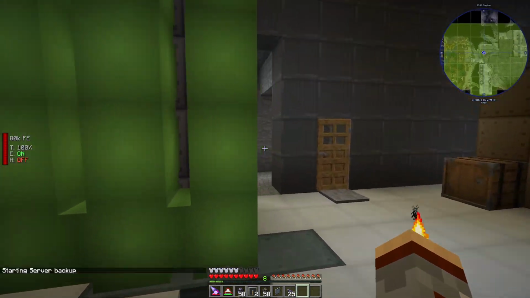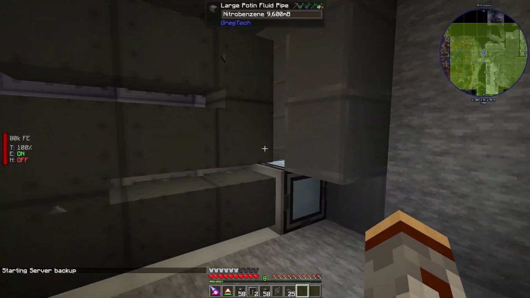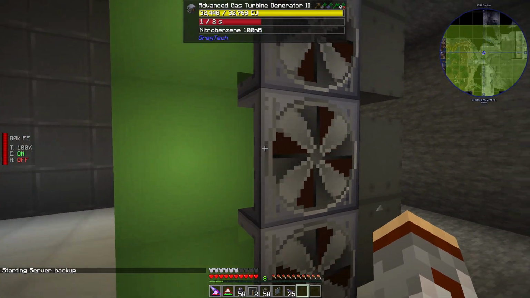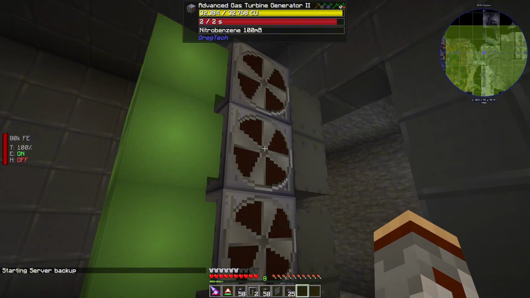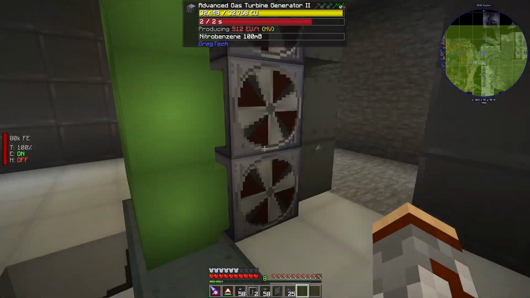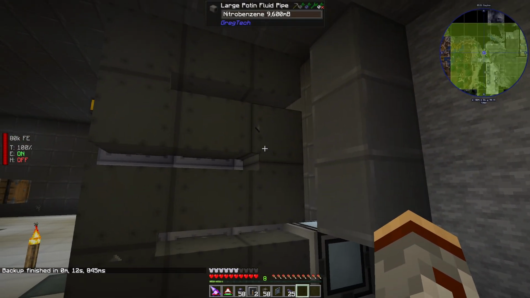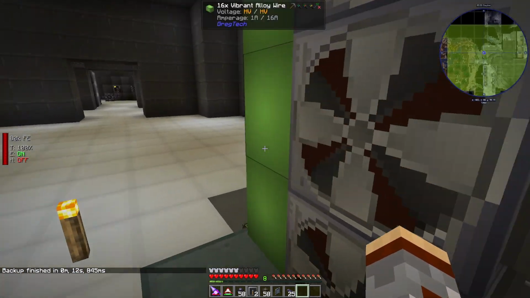So I've got the nitrobenzene now processing into our pipes. But in the time that I was away, I looked into laser IO, and I think I have an understanding of how it works now. So I'll probably be taking some time to set it up, maybe next episode.